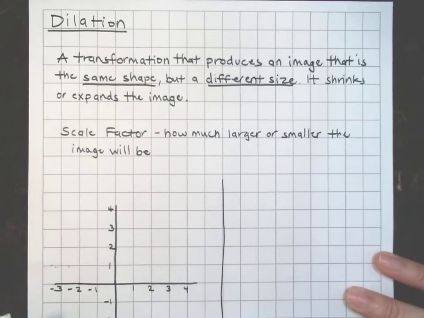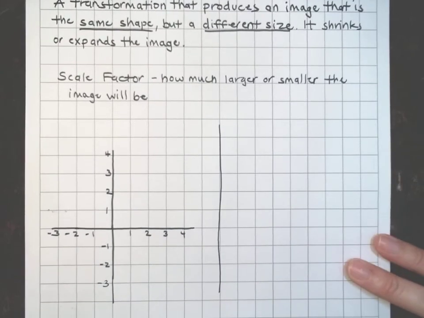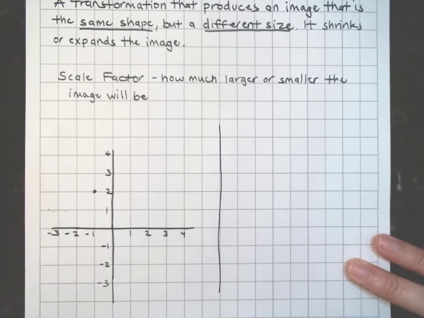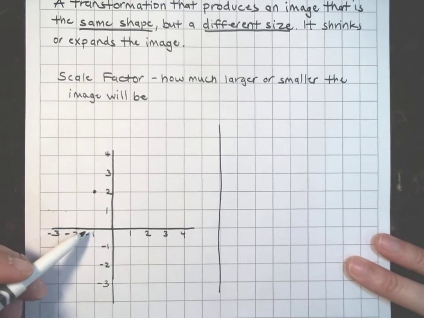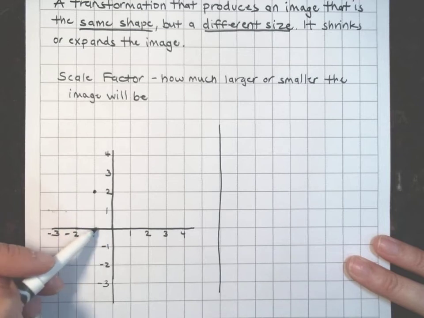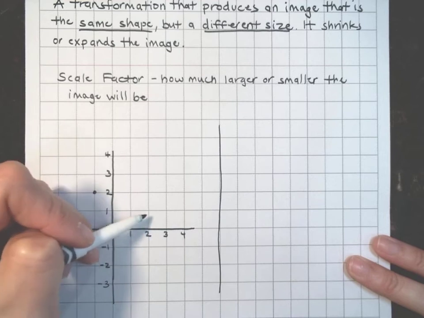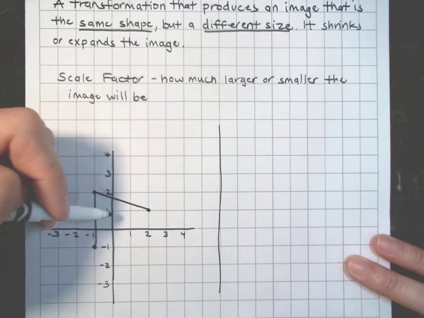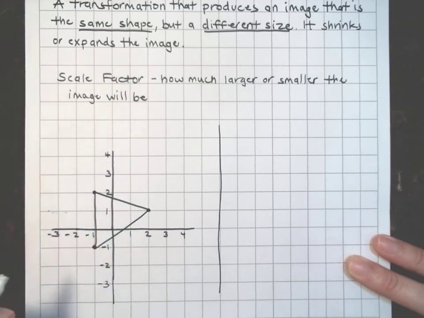And we're going to plot the points. -1, 2, and then -1, -1. Did I do that right? Yes, I did. And then the third point is at 2, 1. This is the image that we're going to start with. This point is A, this point is B, and this point is C.